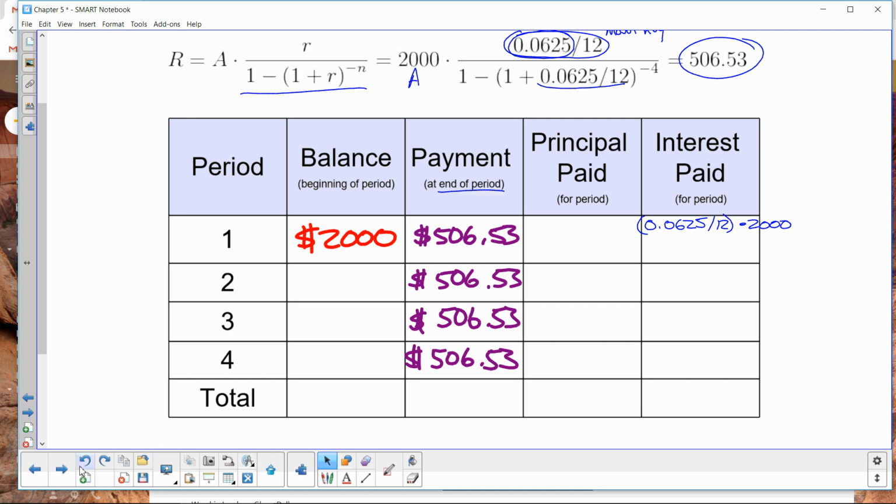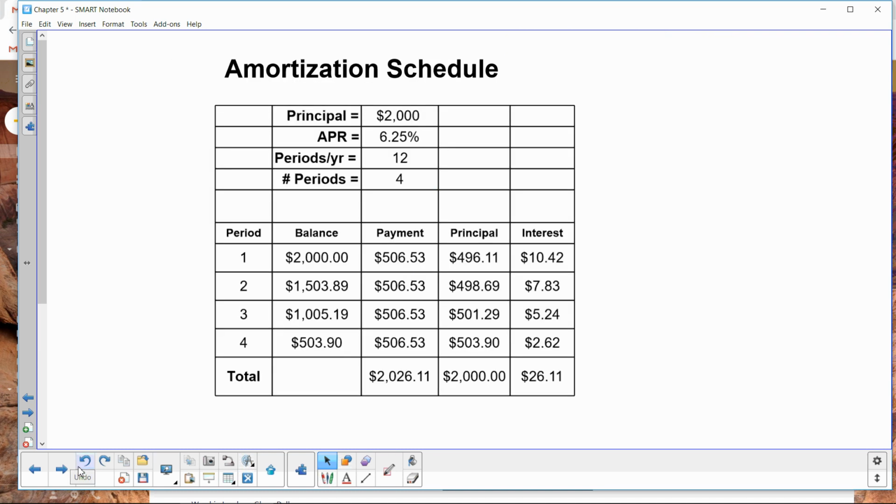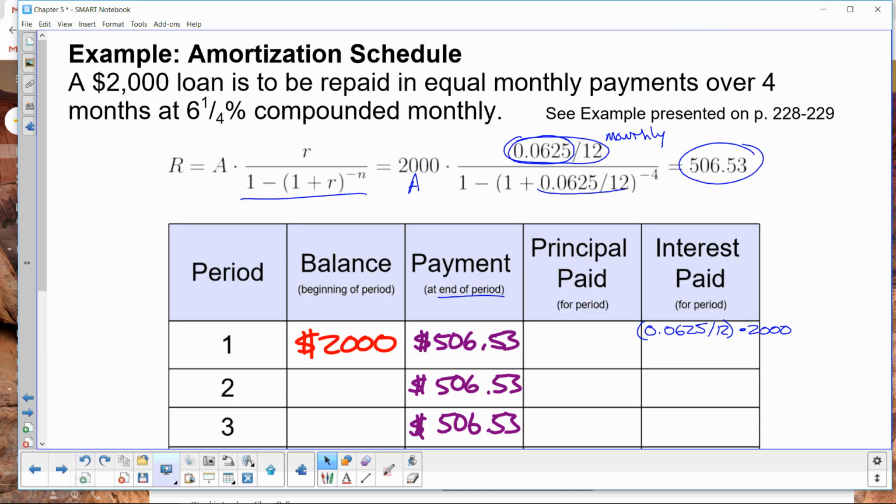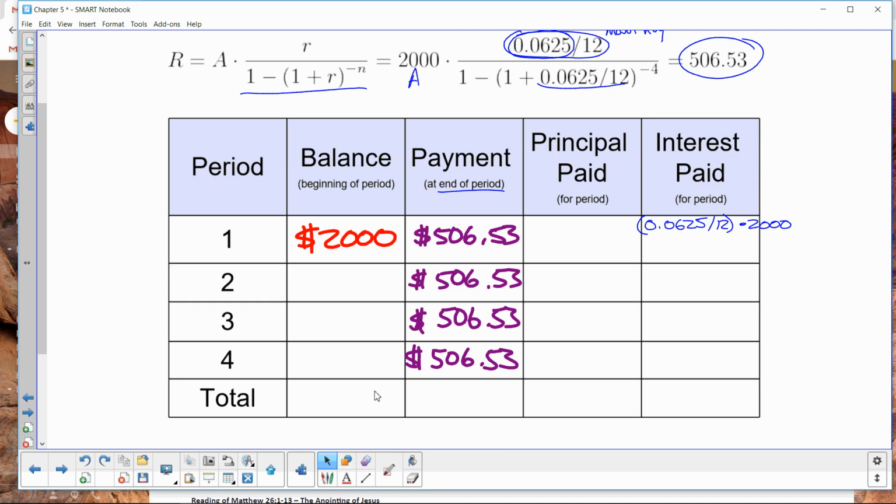And you go to your calculator and you get that amount. It's going to be $10.42.